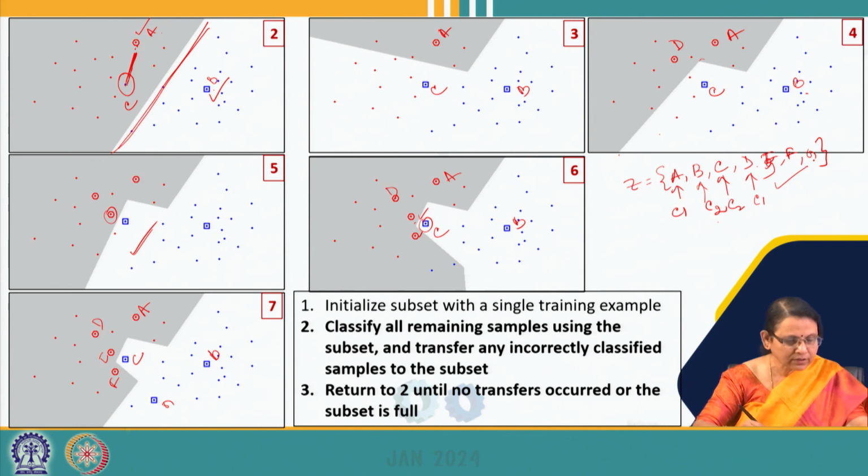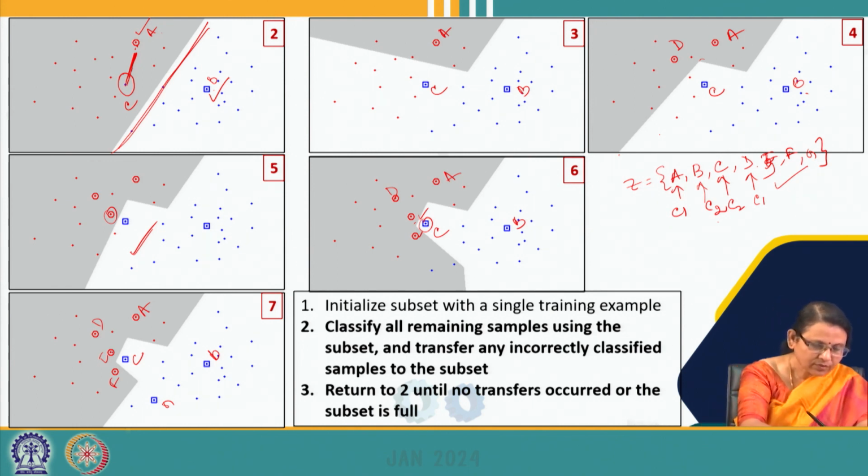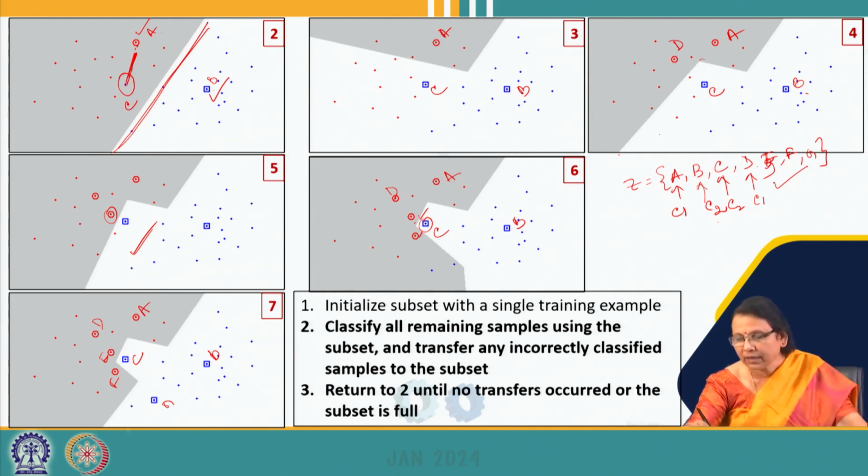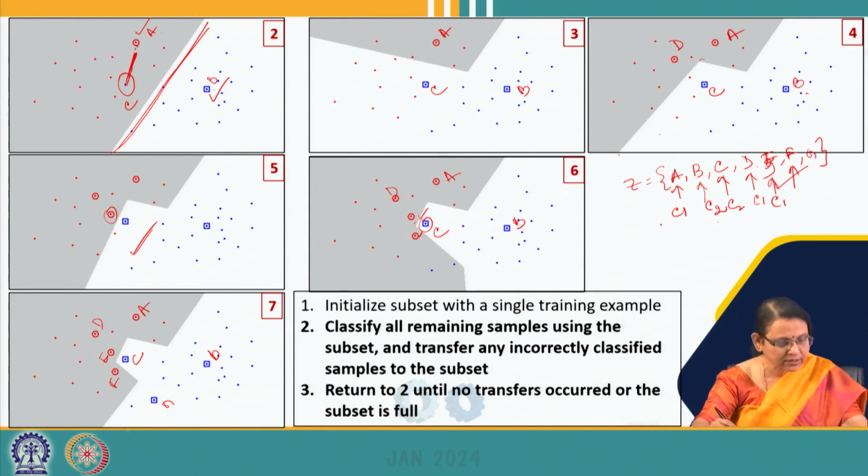Class is again C1. For E, what is the class? It is again C1. For F, what is the class? It is again C1. For G, what is the class? It is again C2.